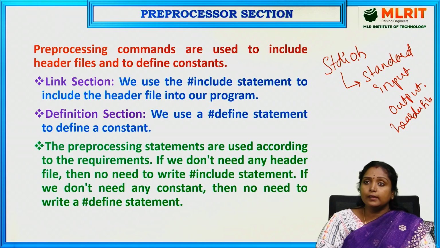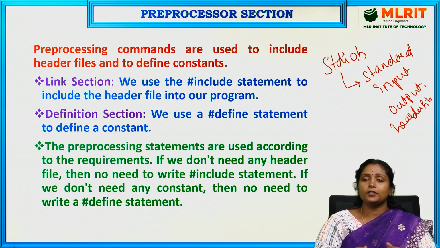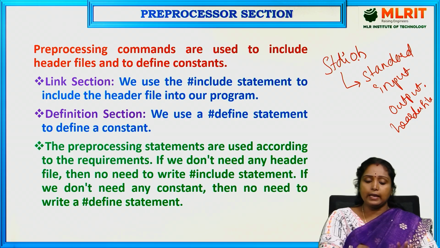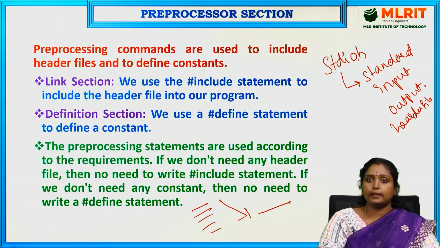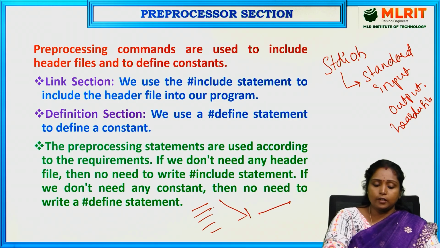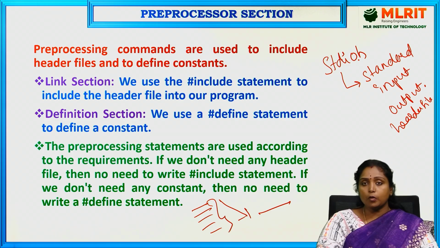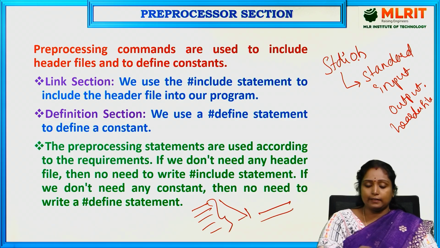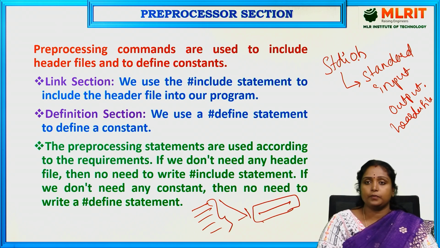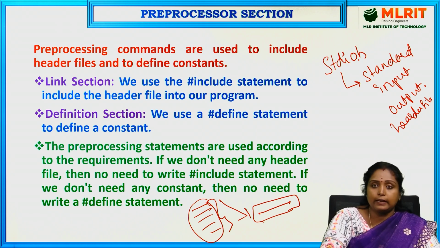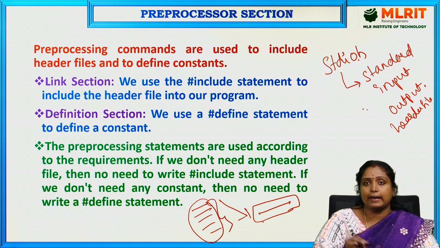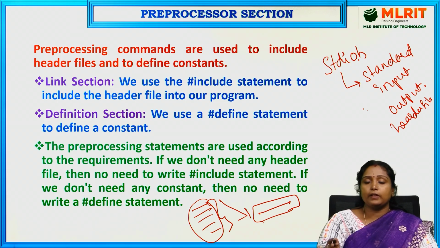So for all input and output, in order to take some input, instead of writing n number of lines, we will write a single line statement. Instead of writing 10 lines of code all the time, we will write a single line of code here, because those 10 lines of code are already declared here. That will be as it is.